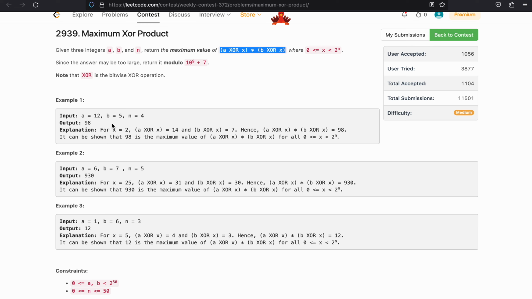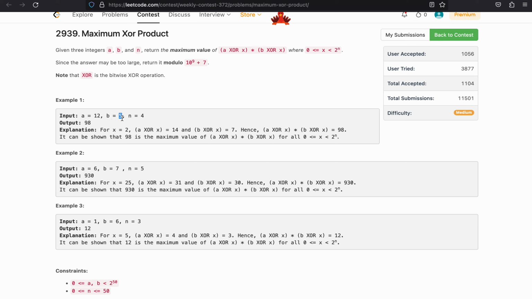So here the approach is that using XOR, we check which one is the minimum, and we try to increase that value. So here a is equal to 12, b is equal to 5.